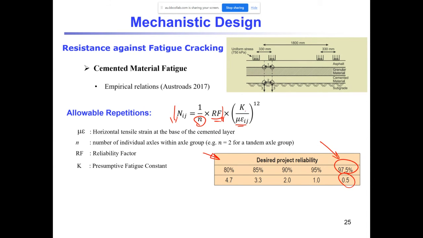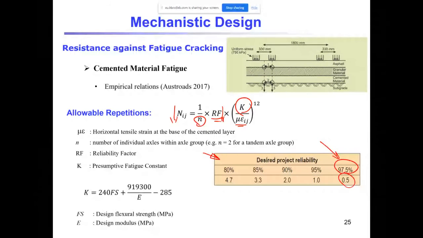In this equation, there is another term, which is called the fatigue constant. And for the fatigue constant, there is an equation. It's a function of the flexural strength and the Young modulus of the cemented material that we are dealing with. So by having the Young modulus and flexural strength, you can determine the value of the fatigue constant.